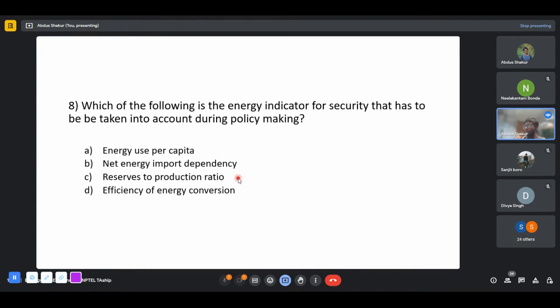Reserves to production ratio, what's the reserve we have, what's the production we have. Efficiency of energy conversion. Sorry, so net energy import dependency. How much dependent we are on imports of energy is what should be taken as an indicator when you are making policy for security of energy in the future.